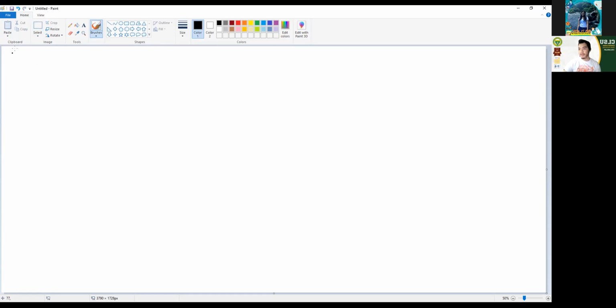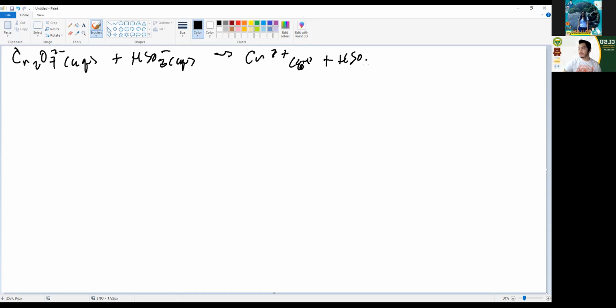So from the example, you have Cr2O7 2 negative, since ion yan, aqueous, plus HSO3 negative, aqueous, will yield Cr3+ aqueous plus HSO4 negative aqueous. So from the first step, paghiwalay natin.